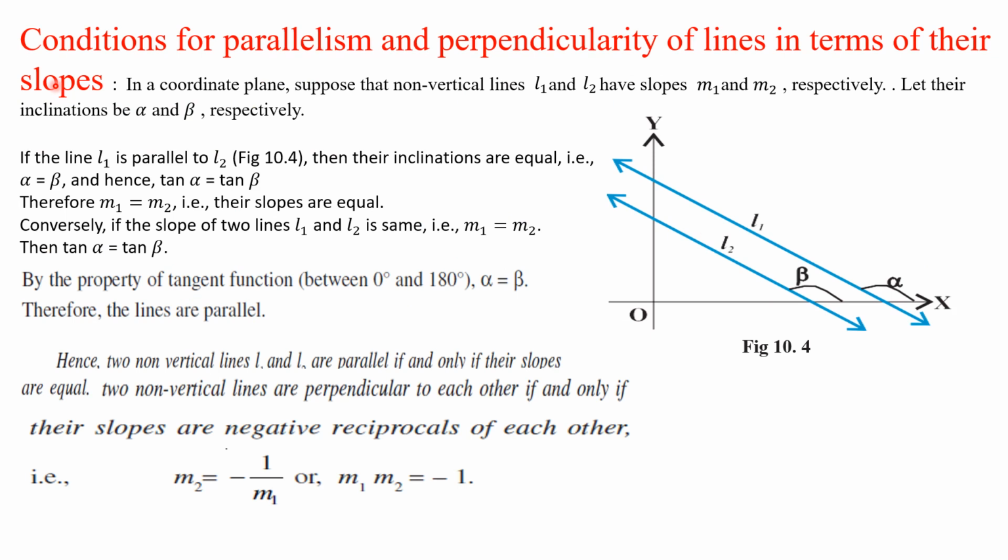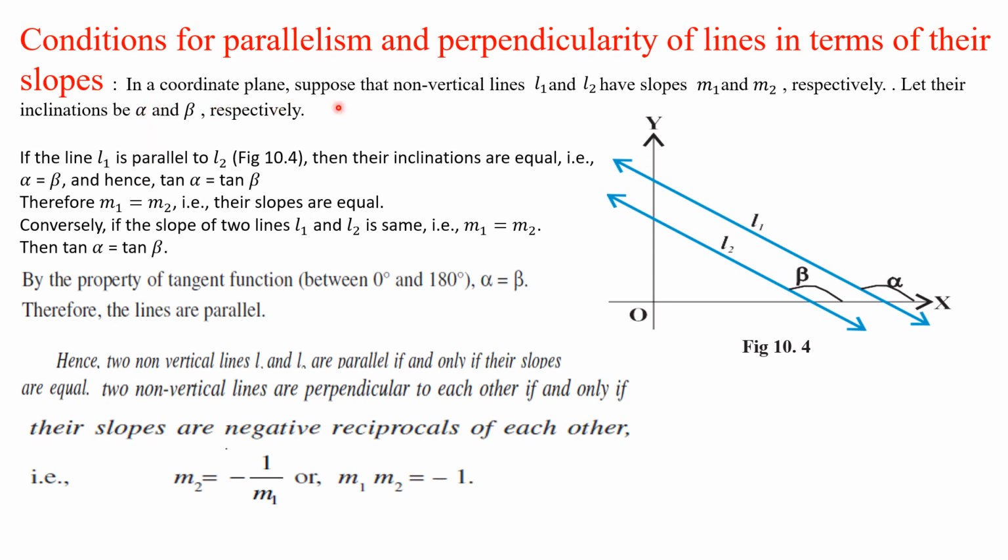Conditions for parallelism and perpendicularity of lines in terms of their slopes. So here we are discussing the conditions for the lines to be parallel or the conditions for the 2 lines to be perpendicular to each other. Okay, my children.